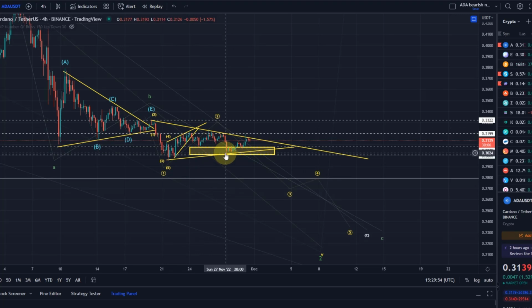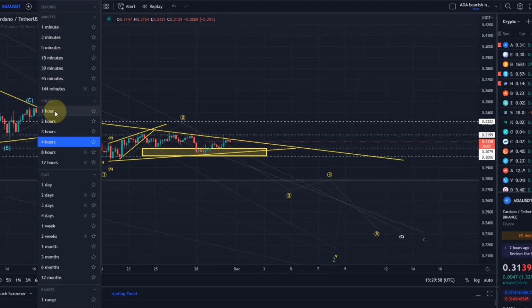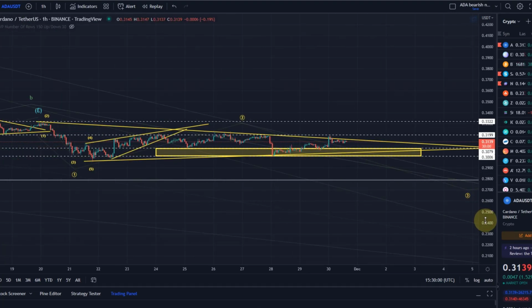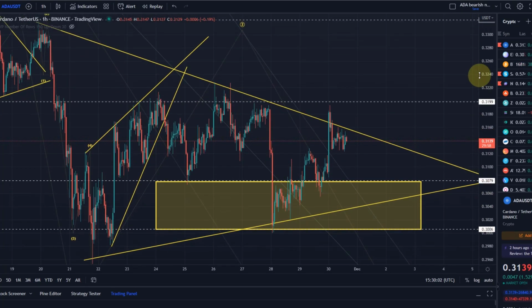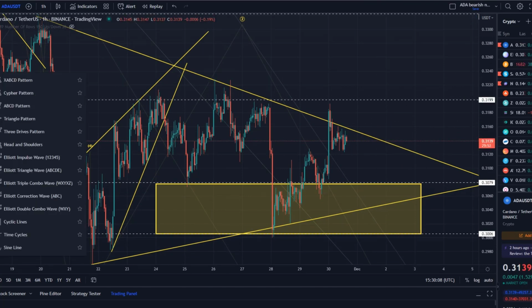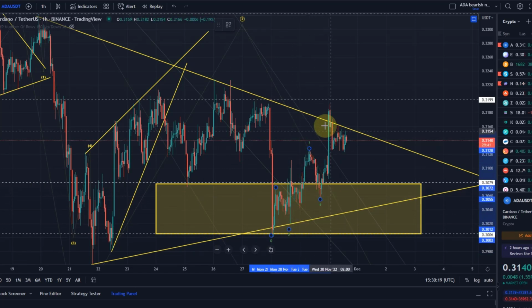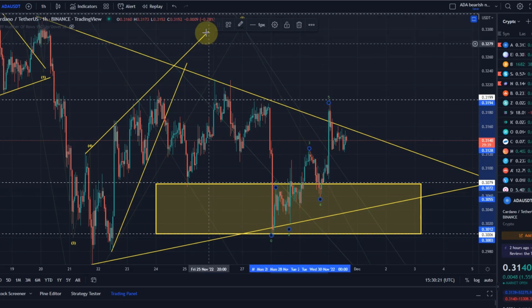And from this low on the 28th of November, we've moved up in another 5-wave pattern. With these counts, sometimes I can give you all sorts of counts, but they need to be reliable. And as you know, my job is to identify the most reliable wave counts. Here, this is an option to count it bullish, but again, it feels a bit like hopium for me.